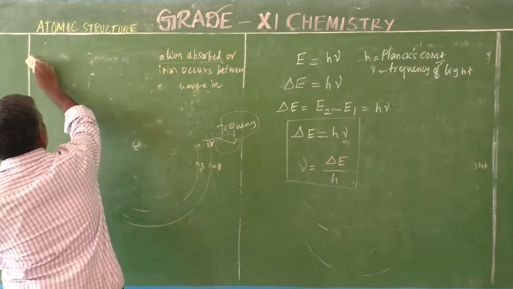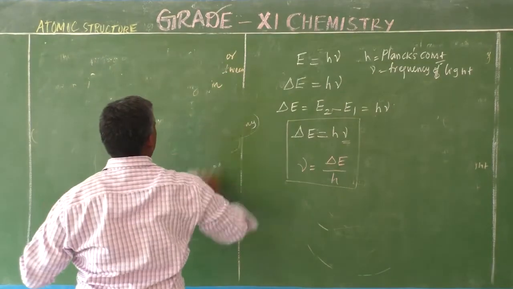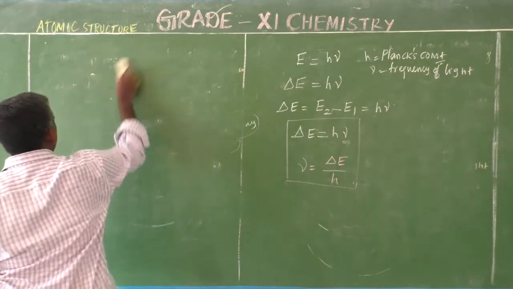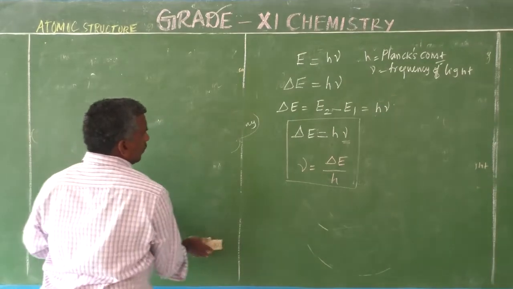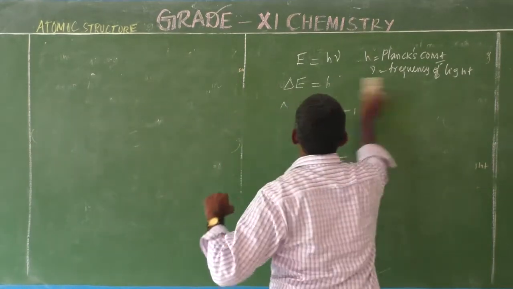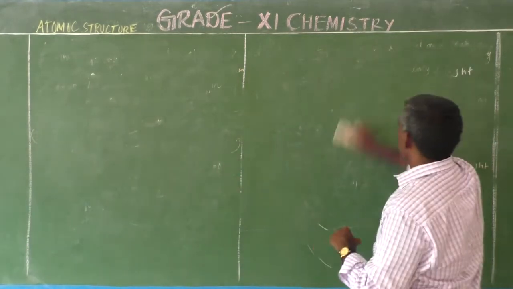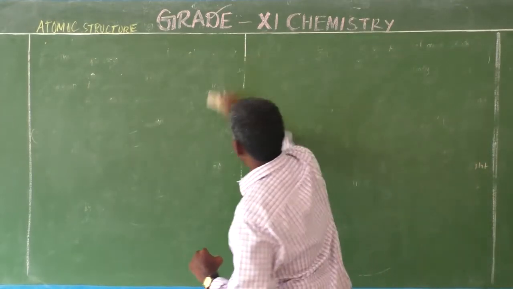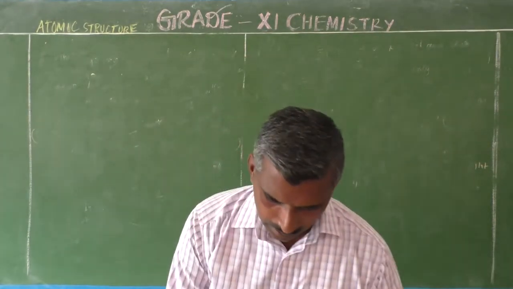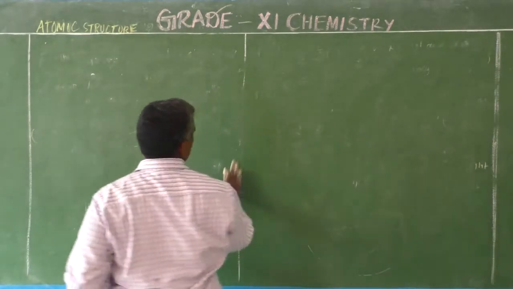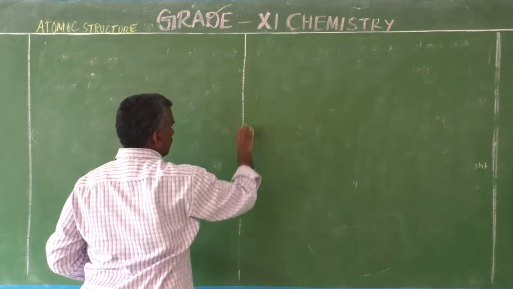Now I will apply Bohr theory to the hydrogen atom completely, with all the formulas. Note down these formulas, I am writing so many. These formulas apply to NEET or JEE, where such questions are asked.